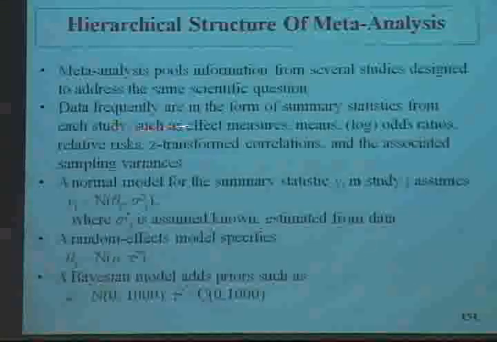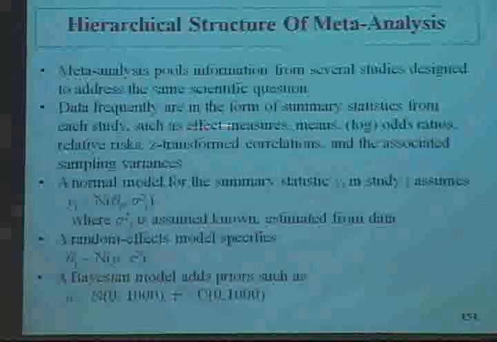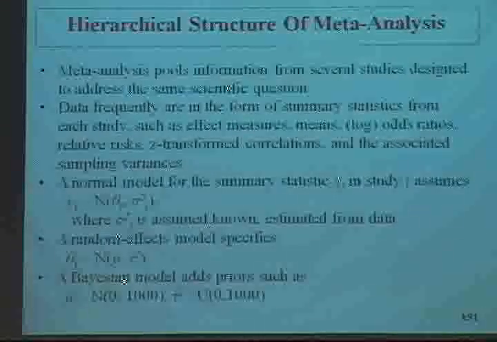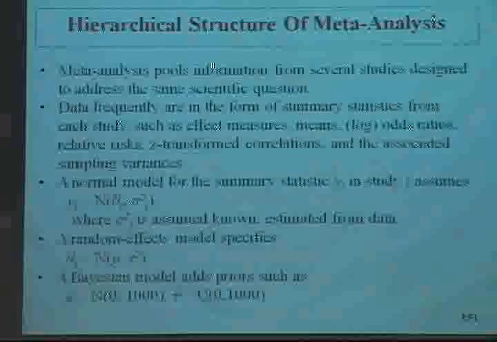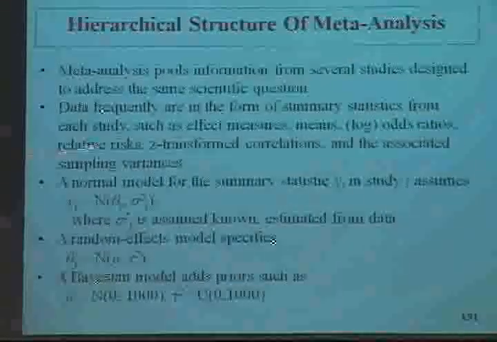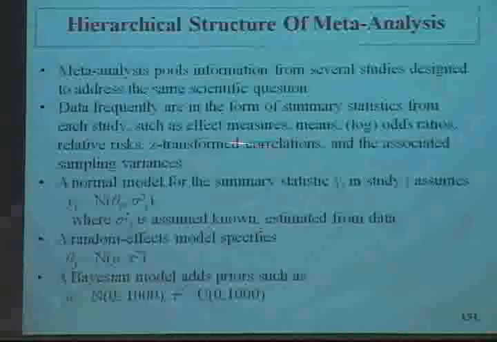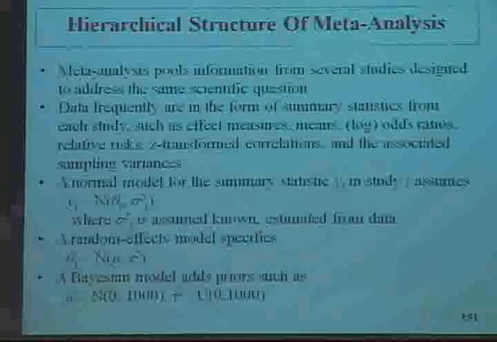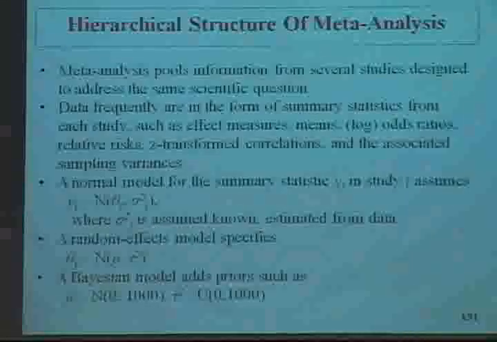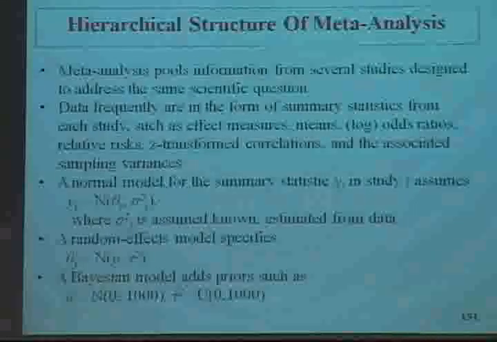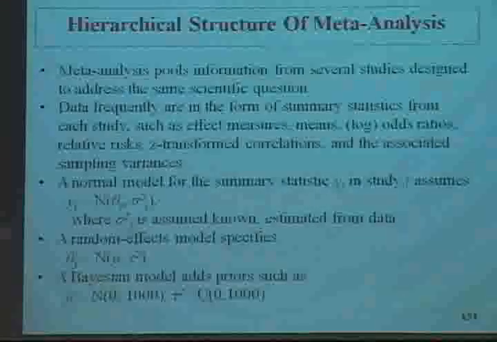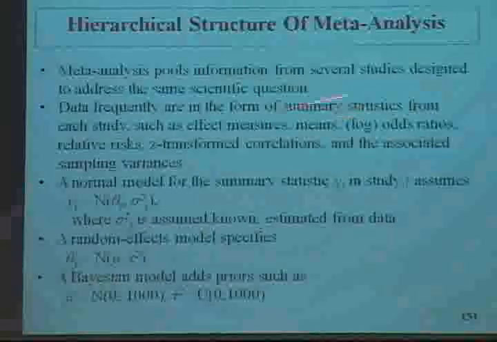Instead, you frequently have summary statistics, effect measures of different kinds, like Cohen's effect measures, mean difference divided by standard deviation, log odds ratios for categorical outcomes, relative risk, could be Z-transformed correlations. And instead of having the individual data on level 1, you have an estimate of the sampling variability of this summary statistic.